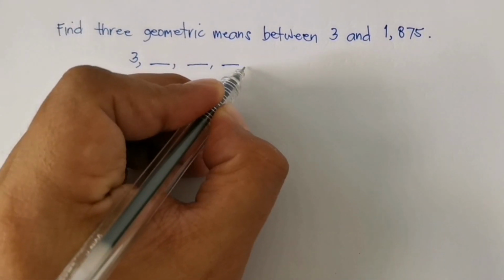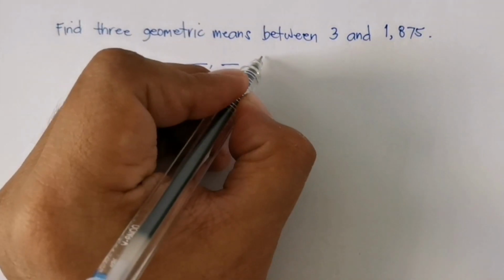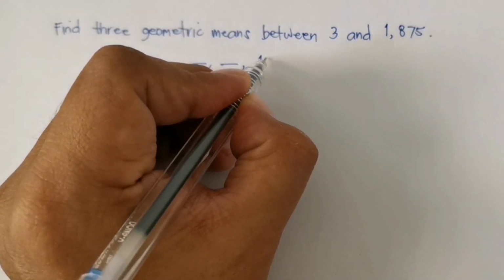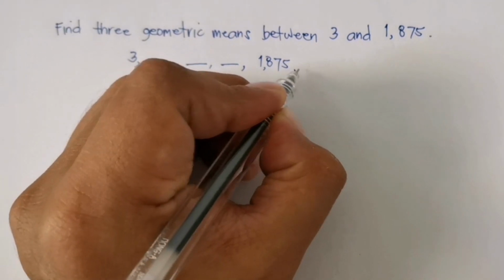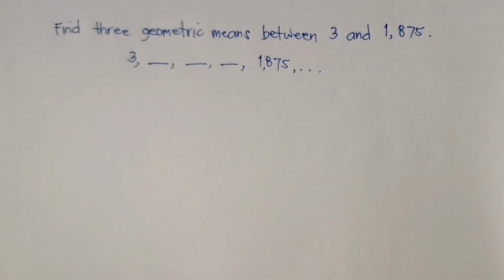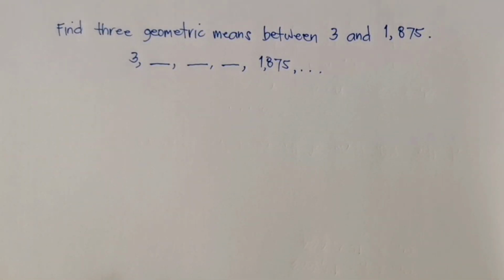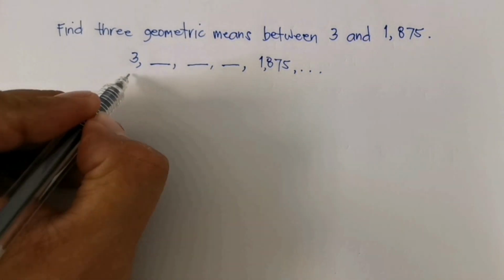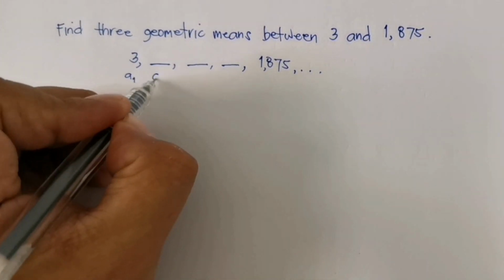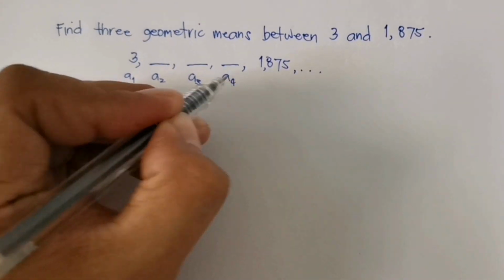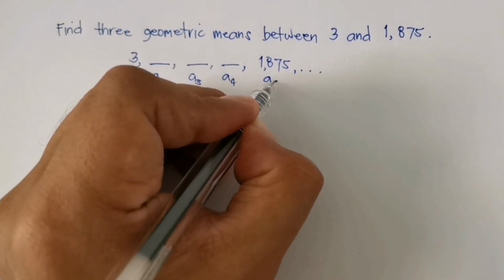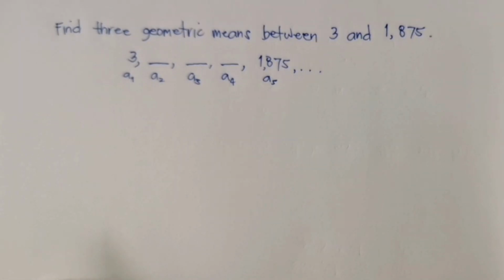So insert tayo ng tatlong blank and the last term will be 1,875. Okay. Next thing to do is to name this as A sub 1, A sub 2, A sub 3, A sub 4, and A sub 5.